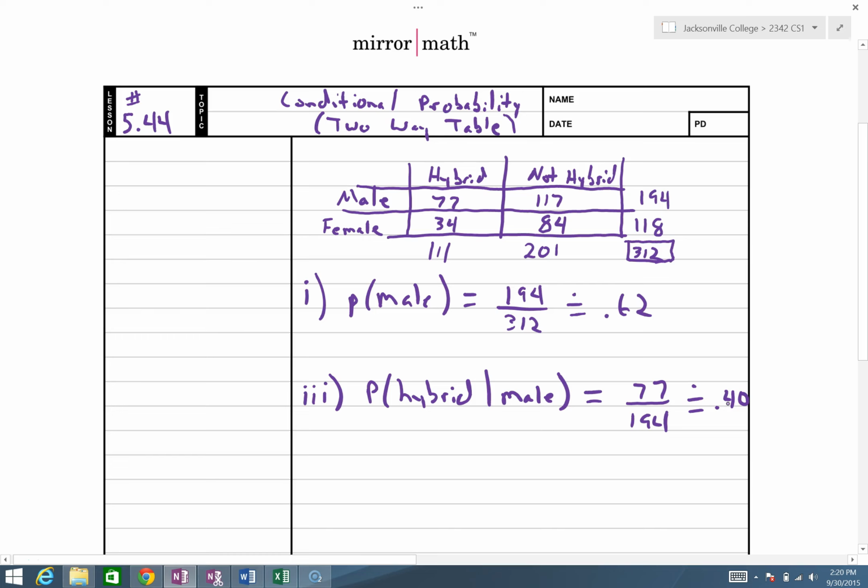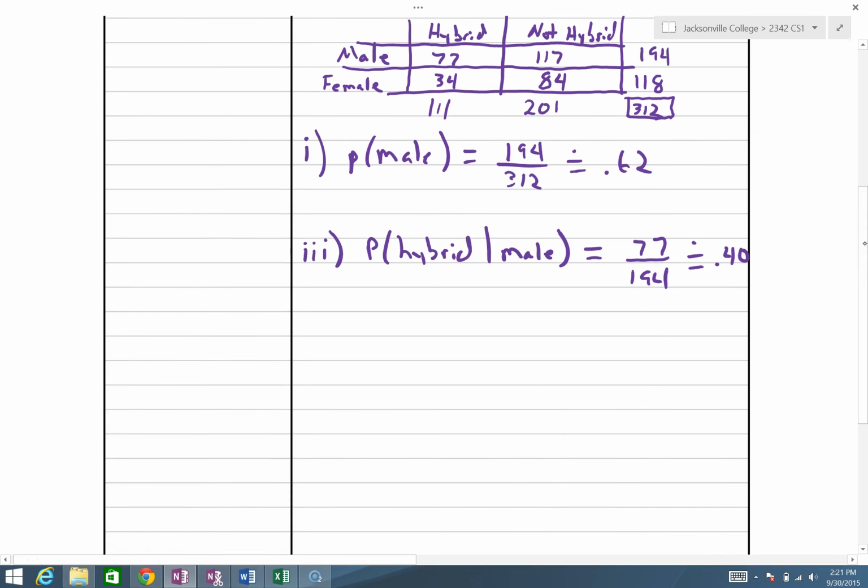I'm going to now show this using the notation from the previous video. You can see how easy it was, using the two-way table, to calculate these conditional probabilities. In the previous video, we learned that the probability of A given B was equal to the probability of the intersection A and B divided by the probability of B. So in our case, I'm just going to use H for hybrid and M for male.